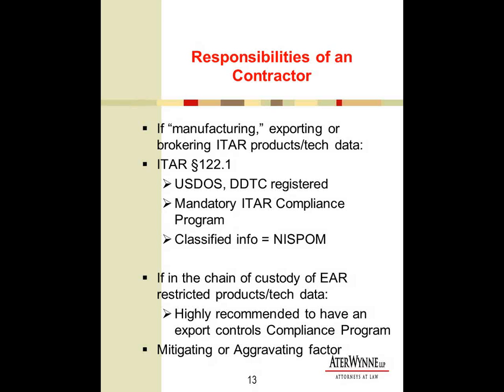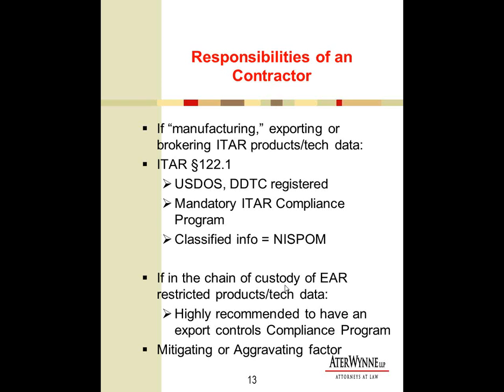So the audience should remember that U.S. export controls capture both U.S. military technology and parts and components, as well as important high-level commercial products and technical data. So under the ITAR, you're required to have an export controls compliance program.